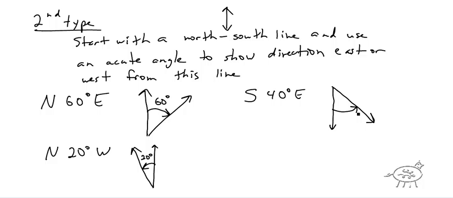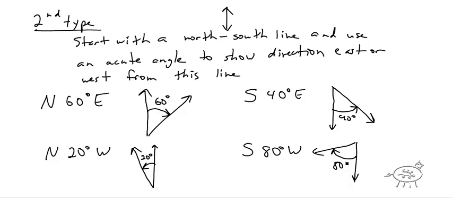That's south 40 degrees east. The last one is south 80 degrees west. You draw a south line and you go west, to the left, like that. That's 80 degrees there. Those are what everything looks like, but you have to draw that north-south line.